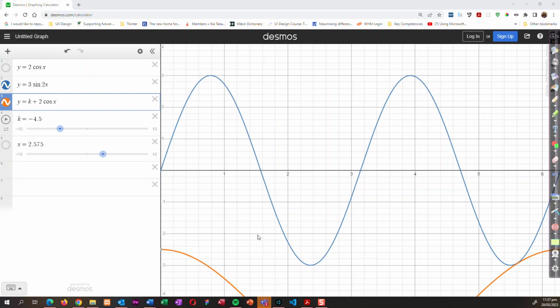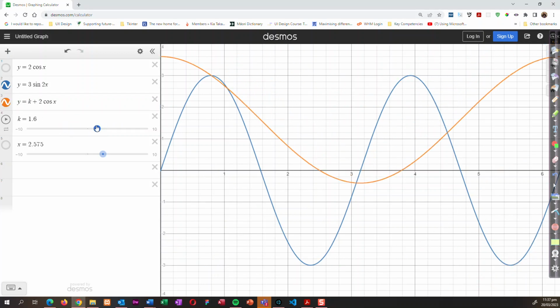I'll head back to the graph. Notice that we got 1.68 for k, so approximately 1.7 here, and we've got 2 points of intersection.